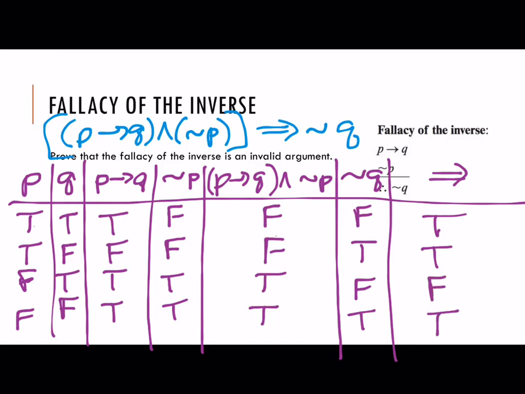All right. So in most cases, 3 out of 4, accepting the premises would lead to that conclusion. But there is a case where that doesn't happen. So the premises don't always lead to that conclusion. So that's why this is an invalid argument, and we would call that a fallacy.